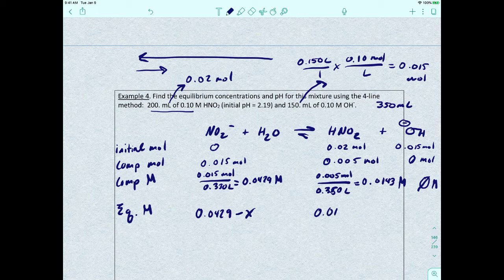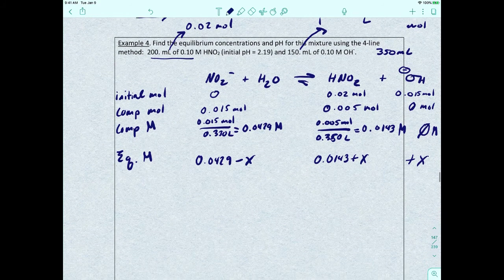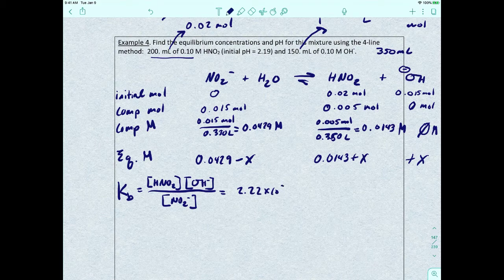We have 0.0143 molar plus X for the concentration of nitrous acid, and then plus X for the concentration of OH minus. All right, so our Kb expression again is going to be the concentration of HNO2 times the concentration of OH minus divided by the concentration of NO2 minus, and this is equal to 2.22 times 10 to the minus 11th.